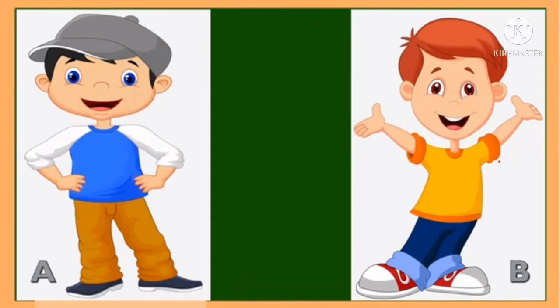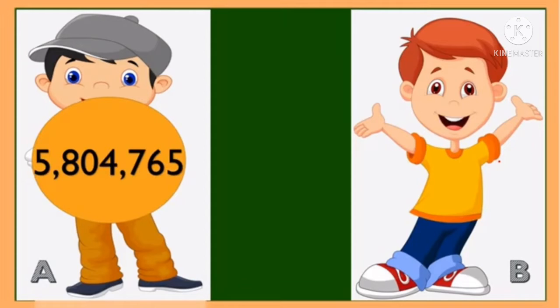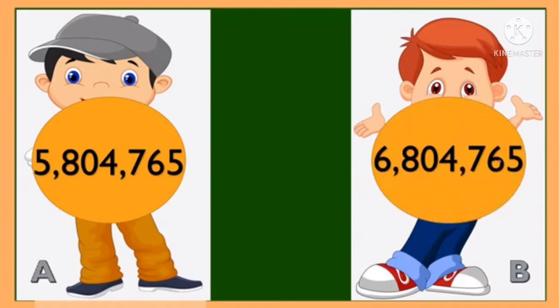Next one. The first number is 5,804,765. For B, we have 6,804,765. Now let us check the first number from the left. So we have 5 and 6.